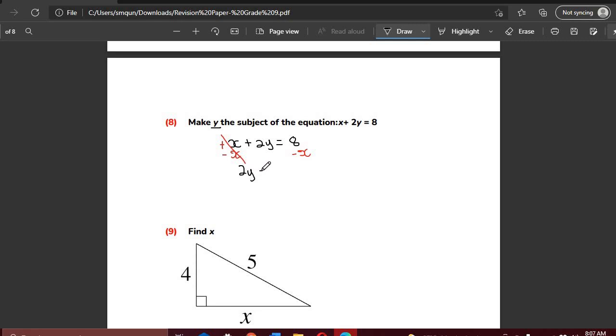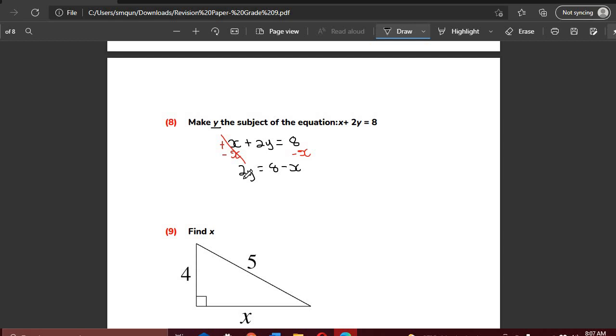After that, you're going to rewrite what you have left. On this side, it is 8 minus x. We don't know the value for x, so we can't simplify this into one number. I'm just going to rewrite what we have on this side in one line. But we're still not finished. Remember, to make a variable the subject, we have to get the variable on one side of the equation by itself. We still have a 2 on the same side as y.